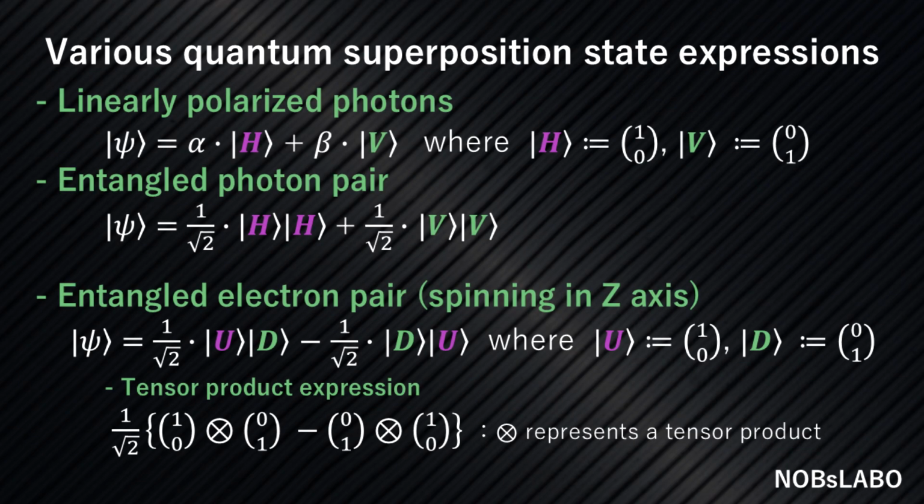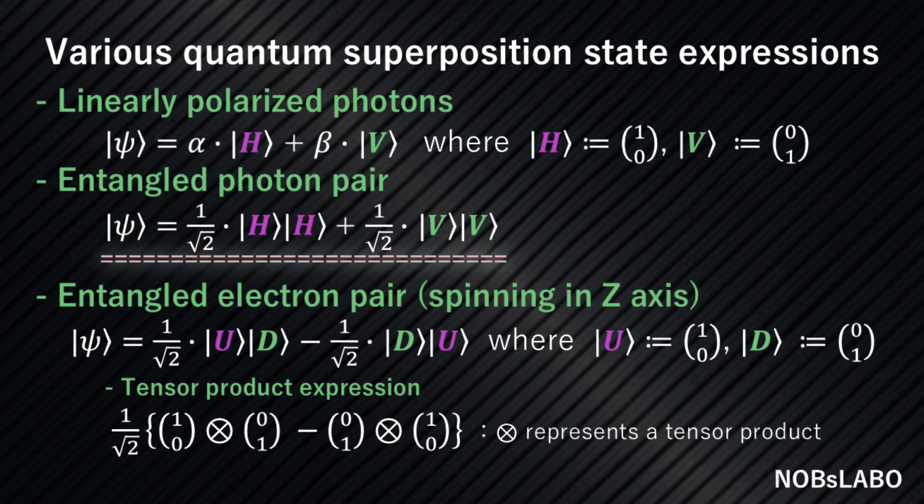First, we will introduce a formula for expressing the spin of an electron in a quantum entangled state using a state vector. At the top, we show a formula for expressing a linearly polarized photon as a quantum superposition of two basis vectors, horizontal and vertical. Alpha and beta represent the coefficients of superposition, and alpha squared and beta squared represent the probability of collapsing to the respective basis vectors.